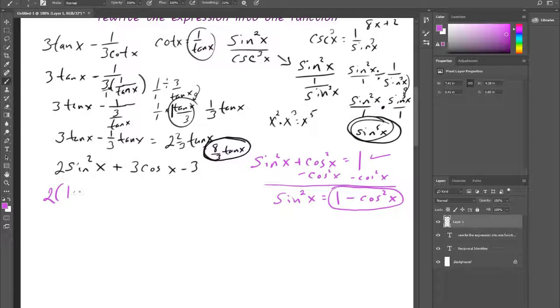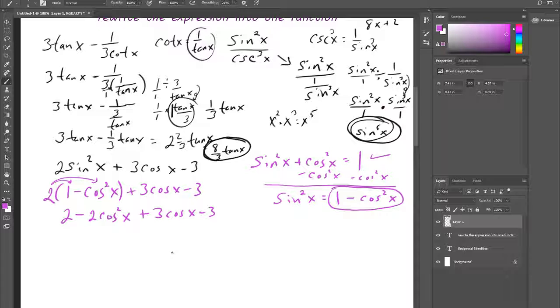I'm going to have to put that in parentheses, 1 minus cosine squared x, plus 3 cosine x minus 3. I would have to distribute the 2 through. So that would be 2 minus 2 cosine squared x plus 3 cosine x minus 3.